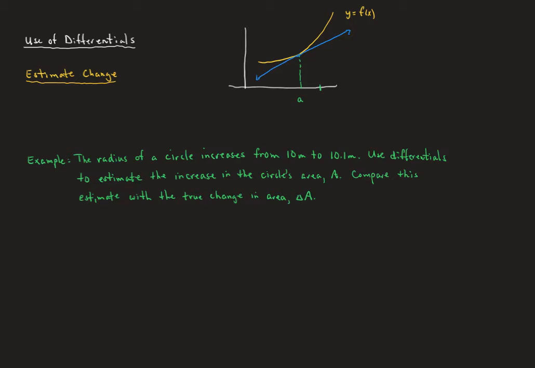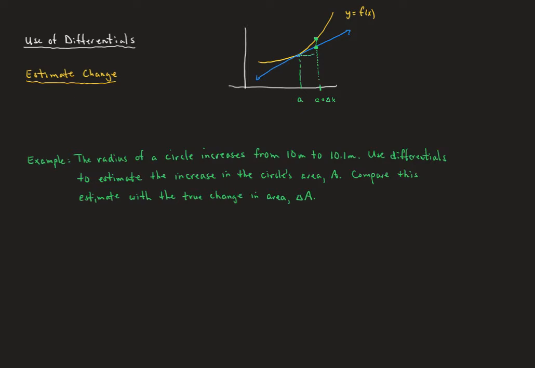Then we imagine that we come over a little ways from a, and we move over a delta x away from a. What we would like to do is find an approximation to the actual value of the function right there on the curve. But what we're going to do instead is use our tangent line and move over that delta x and find this value as that approximation.